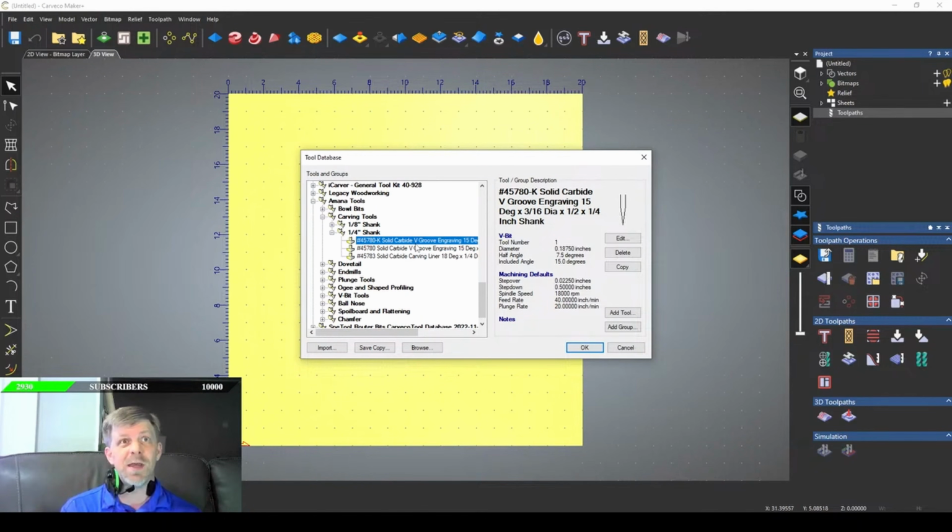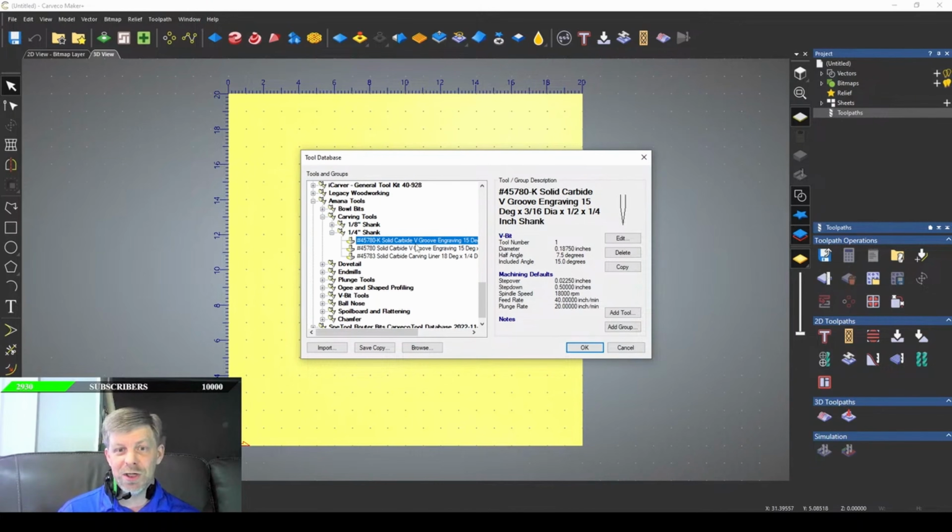So it doesn't make sense to think that the settings in this software are going to be optimal for every single bit, for every single machine. These settings are placeholders for entering the correct information for your setup. And I think that's part of the thing that so many people miss with chip load and with bit settings.